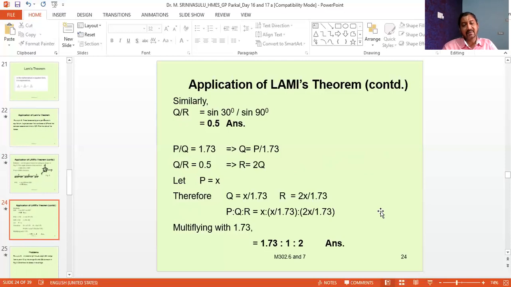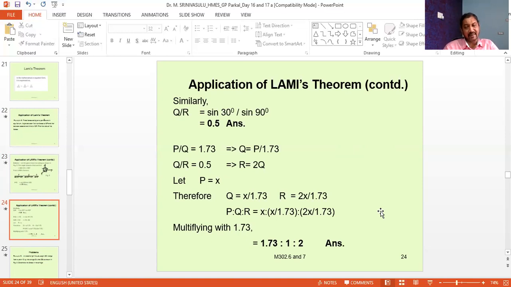So it becomes 1.73 into X, and also X, and 2 into X. X is some assumed quantity. So X into 1.73 is the P value, X into 1 is the Q value, and X into 2 is the R value.